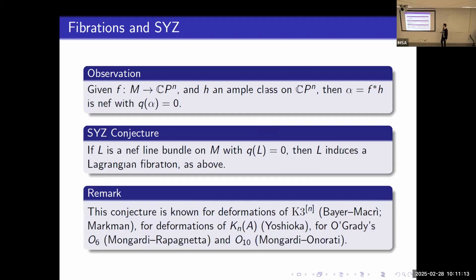This conjecture is true for all of the known examples of hyperkahler manifolds. So it's known for the deformations of Hilbert schemes, the deformations of generalized Kummers, and also for O'Grady's examples. It's not known in general, but for the known examples, it is indeed correct.